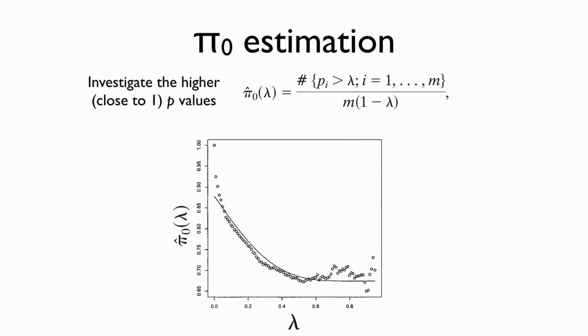So now the authors fit a cubic spline to this distribution, and they look at where this cubic spline hits 1.0 of lambda. That's the estimate they use.